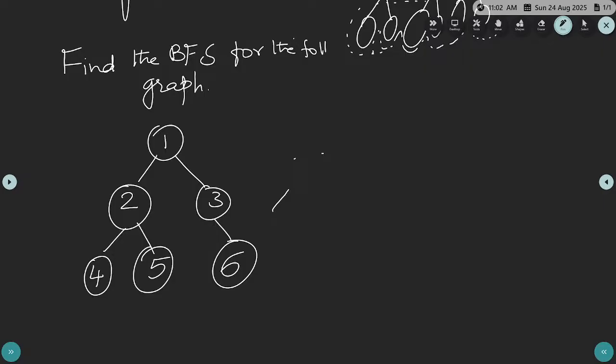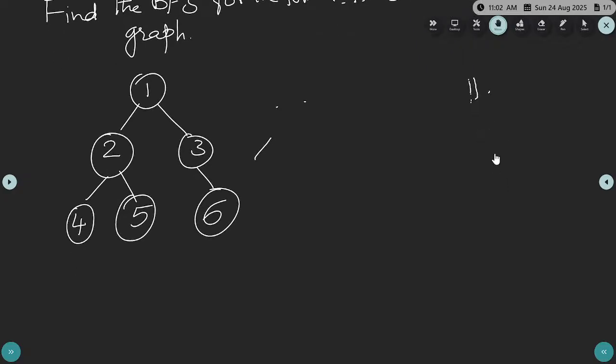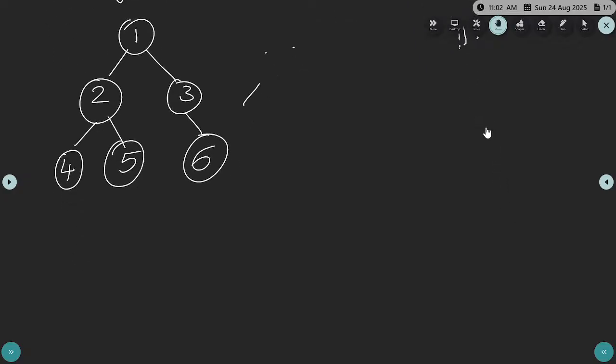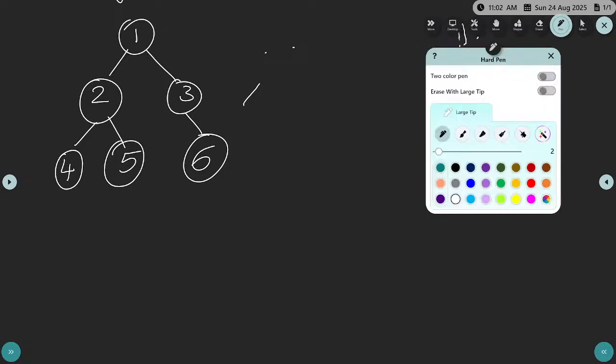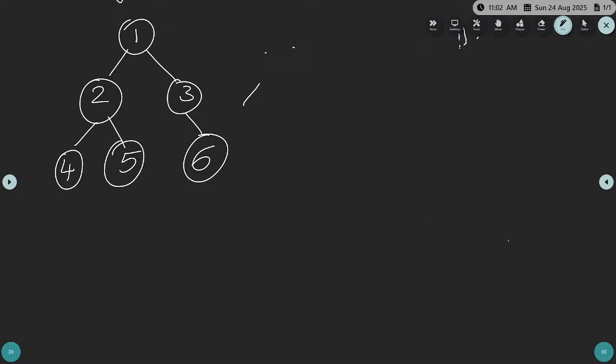Step 1. Select the vertex and insert it into the Q.